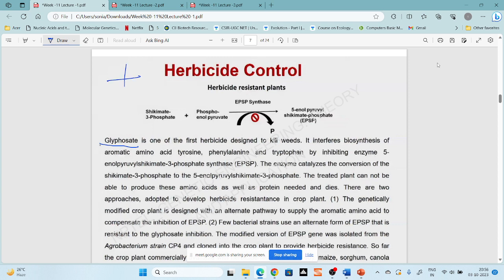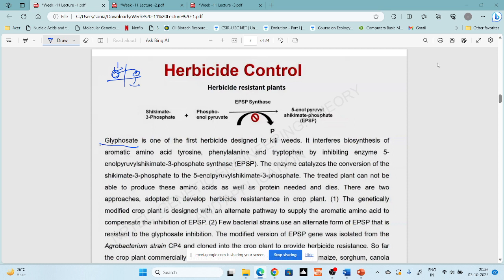The first strategy is that the herbicide gets inside the plant but is not able to create a toxic product. The second strategy is that it might create a toxic product, but this toxic product will not have any effect on the plant because the plant has evolved some other strategy to overcome the toxic effect.